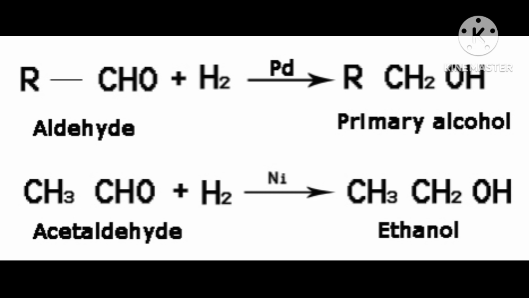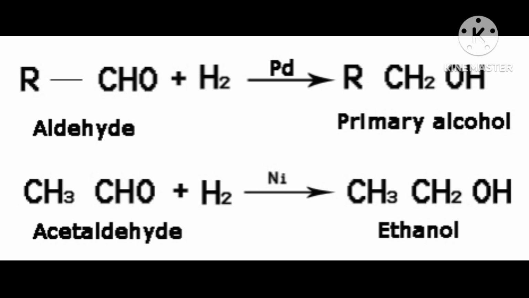H2 will break to form H plus and H minus, which go to the opposite charges: H plus goes to oxygen and H minus goes to carbon. Carbon already had one hydrogen, so RCHO becomes RCH2OH. This reaction takes place in the presence of palladium.